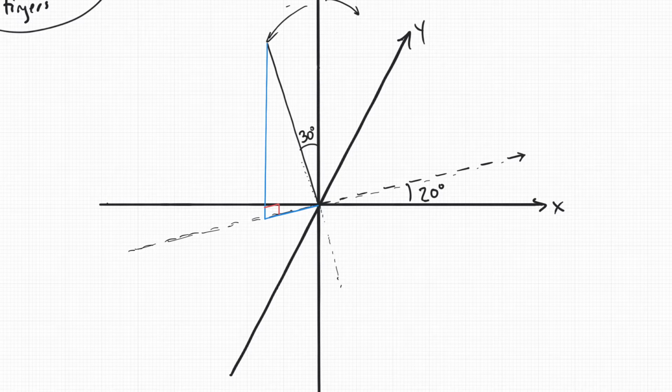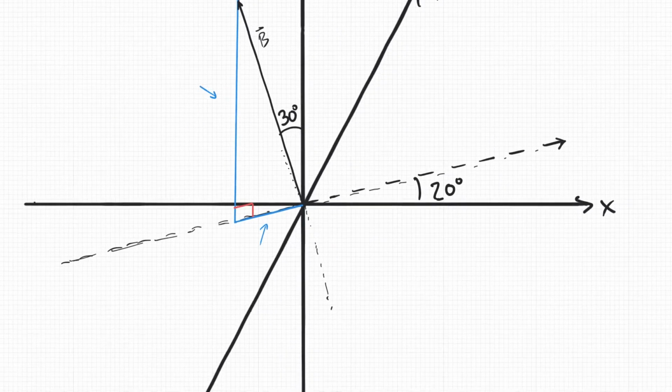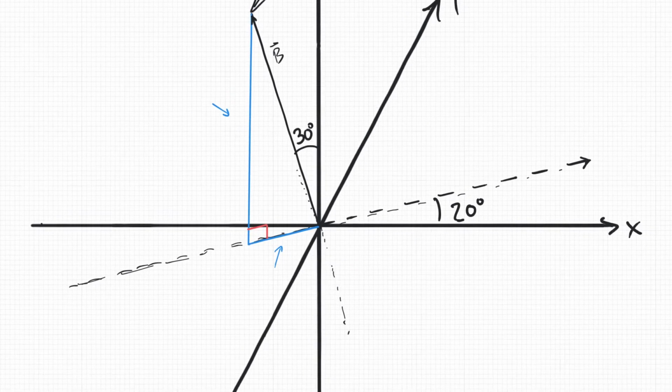So this bottom line is in the XZ plane, and this one is just going straight up in the Z direction. And so this is B. We know its magnitude, which we gave up here as 80 newtons, and we know these two numbers. So let's go ahead and break this thing down.